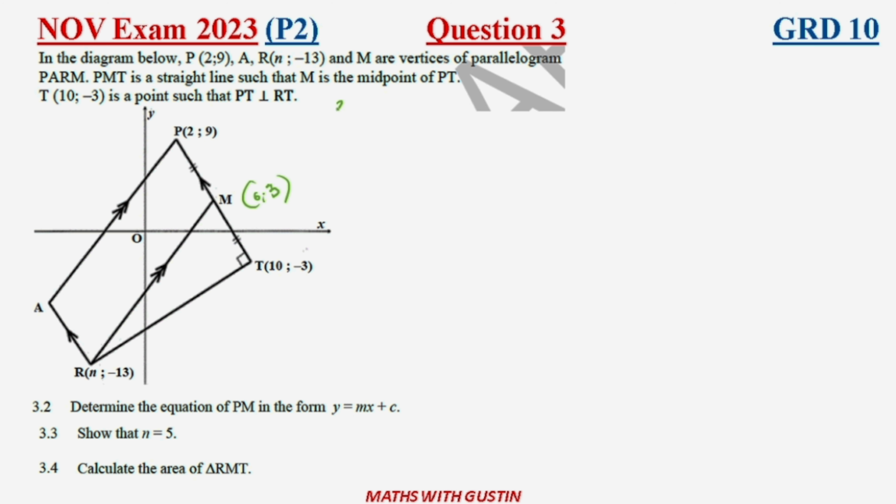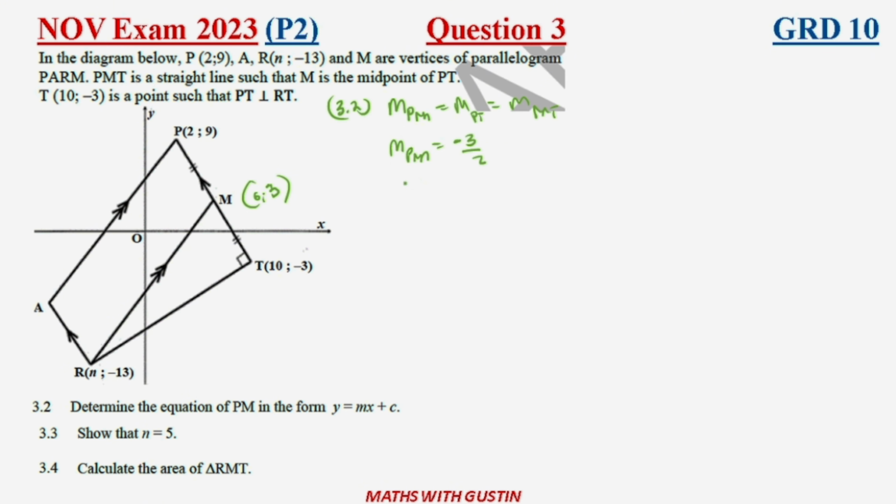Remember, we said the gradient of PT and the gradient of MT, they are collinear. So it means all the gradients here are equal. Therefore the gradient of PM will be -3/2, which is also equal to the gradient of PT.